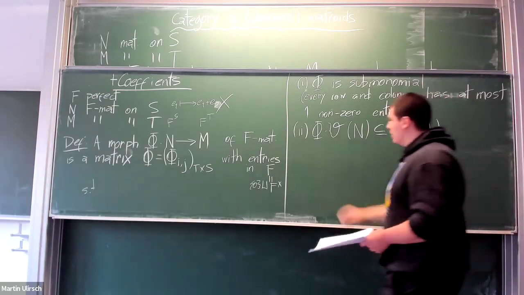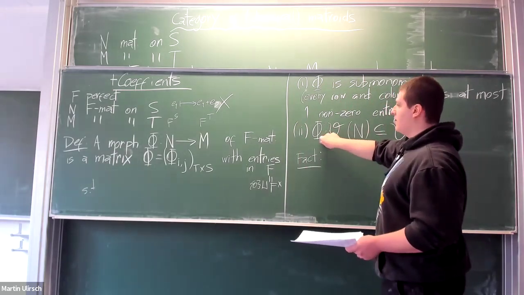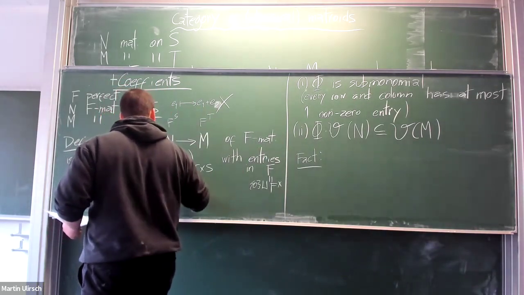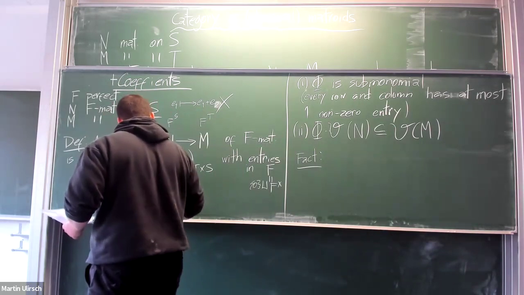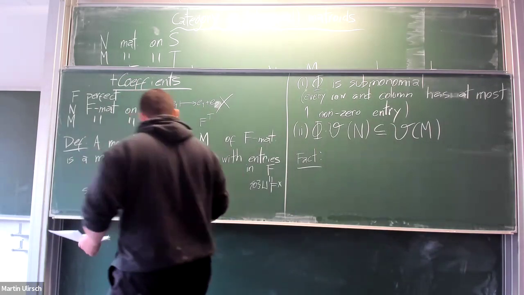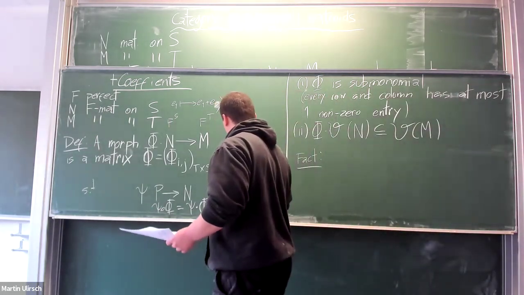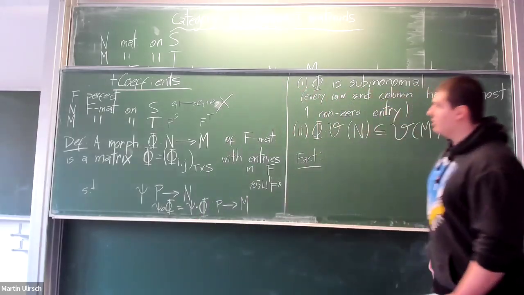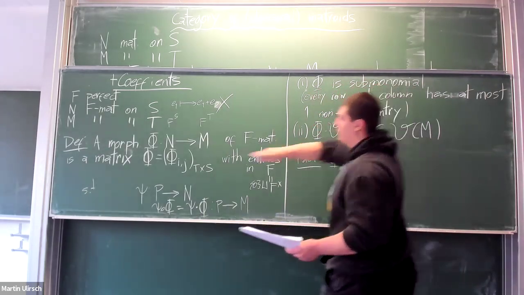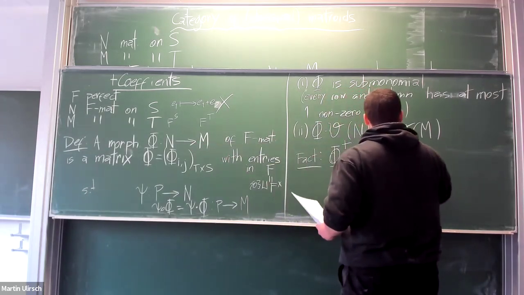These are composable: if I have a morphism here and another morphism from P to N, then the composite will be basically this and this, and this is again submonomial and will be a morphism from P to N. So I have a category of matroids with coefficients, and if phi is a morphism from N to M, the transpose is a morphism between the duals.